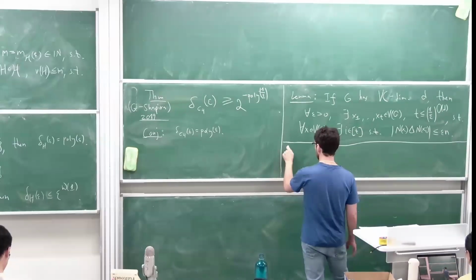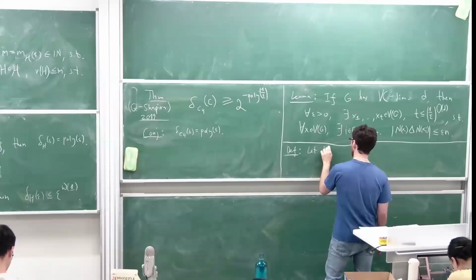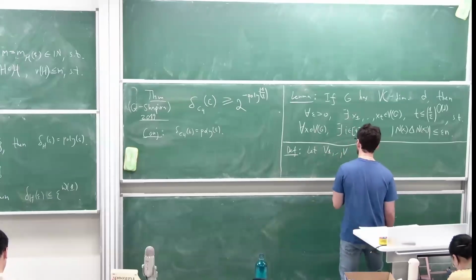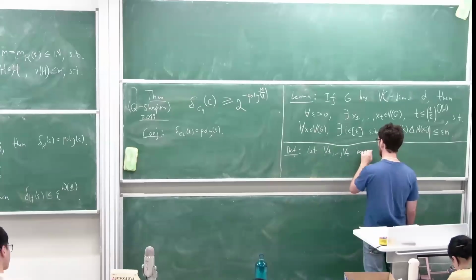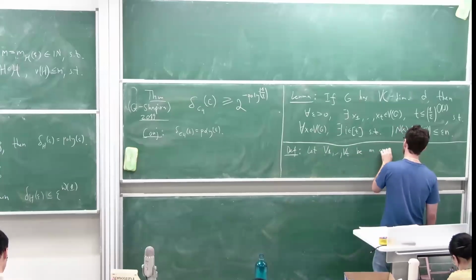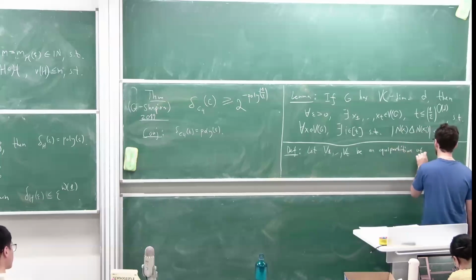So let me tell you what I mean. Here's the definition. Let V1 up to Vt be an equipartition of the vertices.